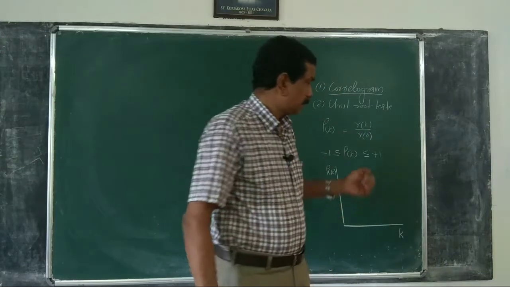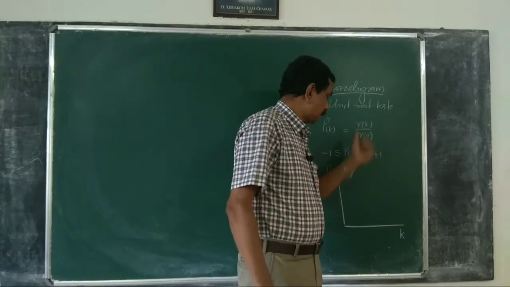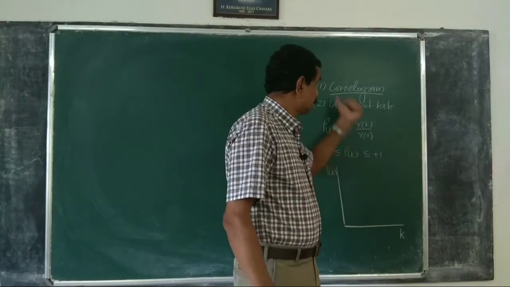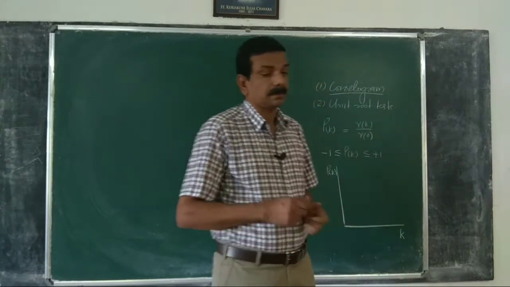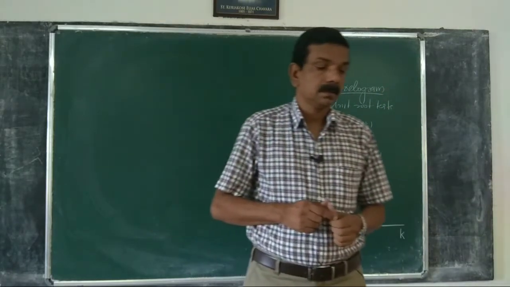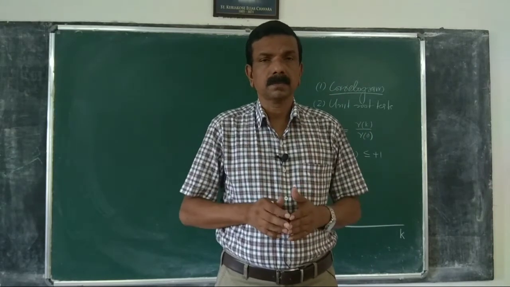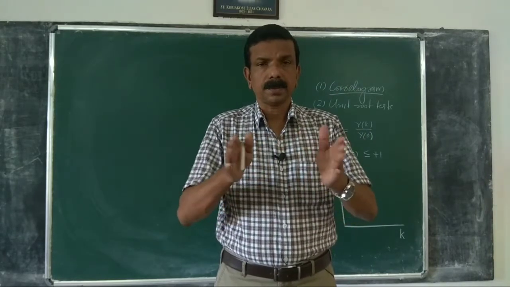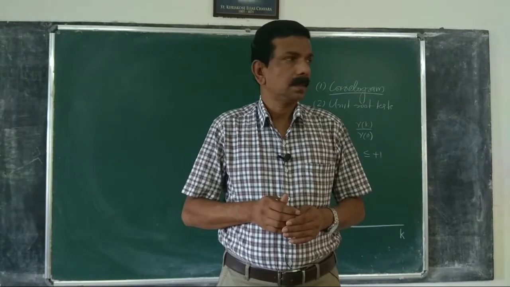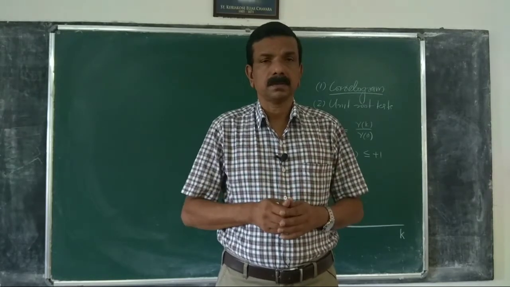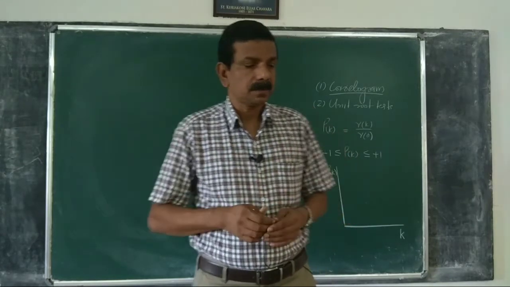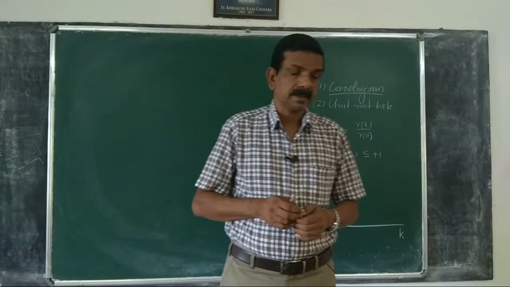Now, if you plot rho k against k, you will get what is known as the population correlogram. But the problem is, to plot this population correlogram, the entire population must be known. But what we have is only a sample, a realization.